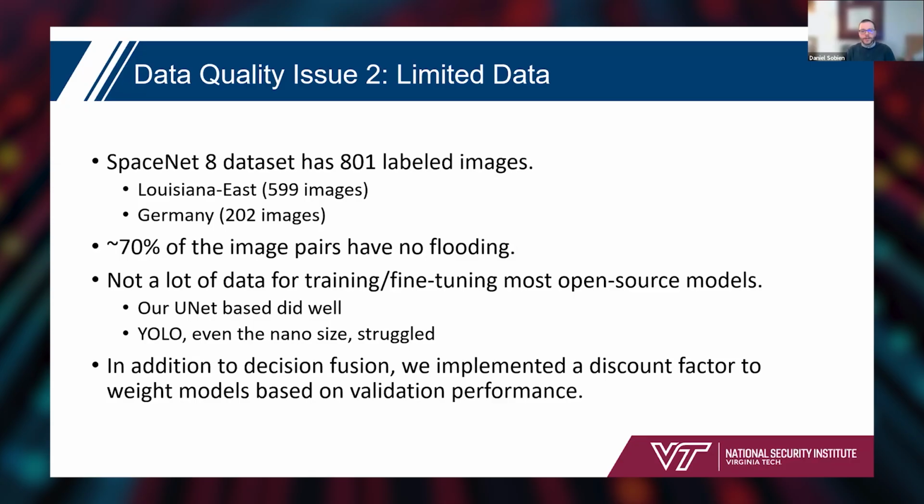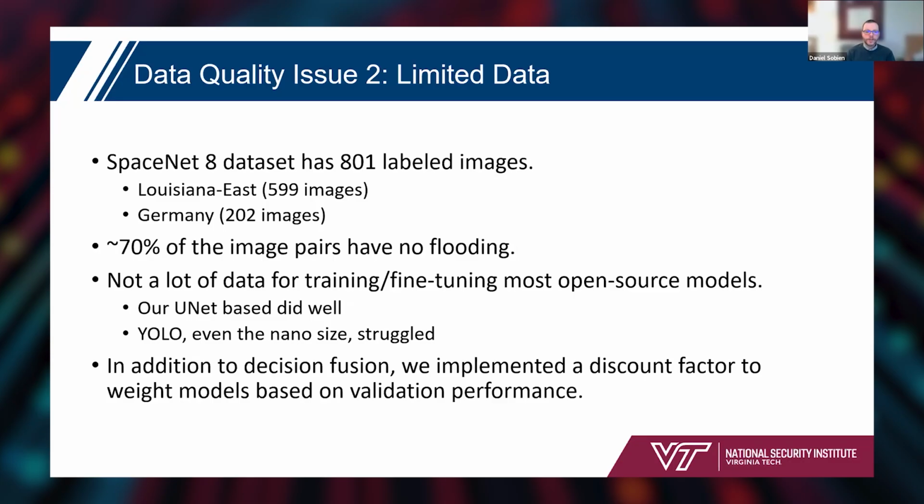So that makes the problem of identifying which features are flooded a little more difficult, because the features are small, especially roads are small within the images. This can make it really challenging. So we can't really rely on small models. We need some more complexity. But then the limited data set makes it harder to train bigger models.